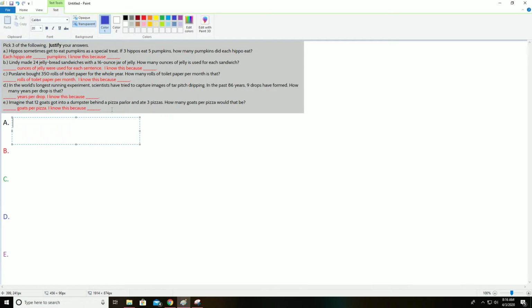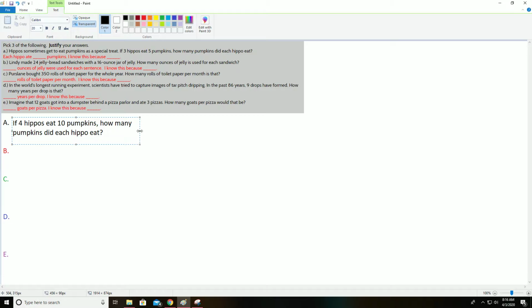So we're going to say if four hippos eat 10 pumpkins, how many pumpkins did each hippo eat? Make sure these are color coded correctly.